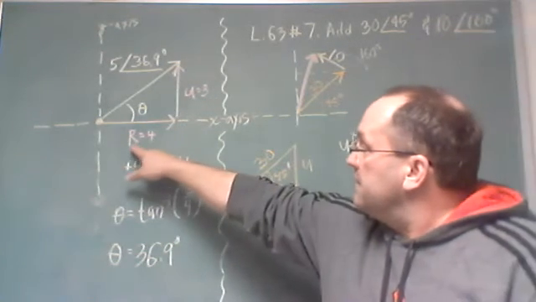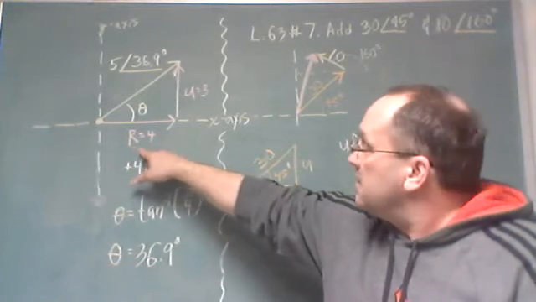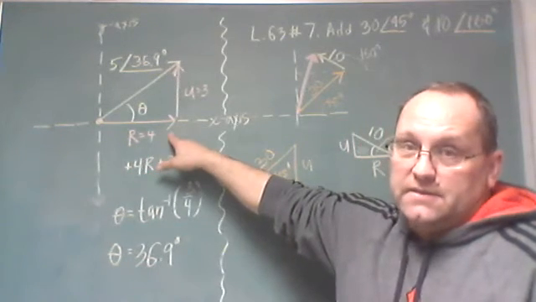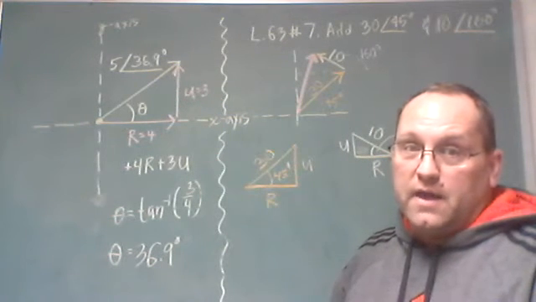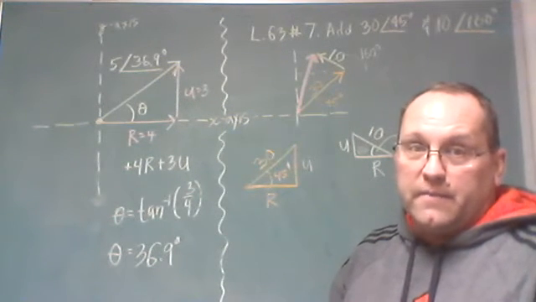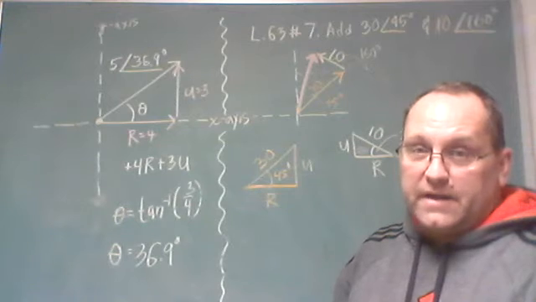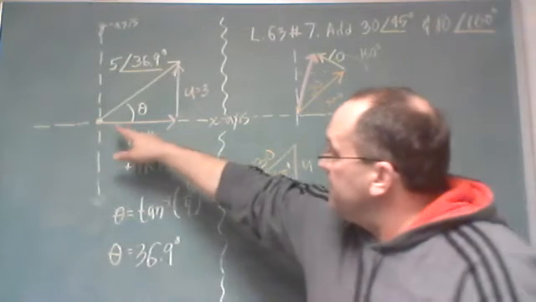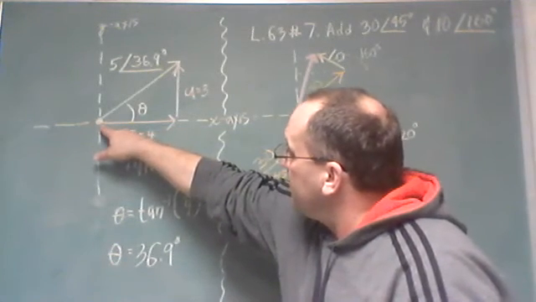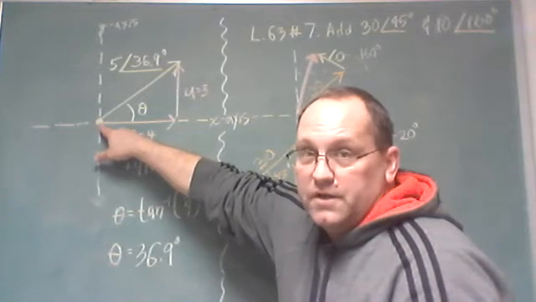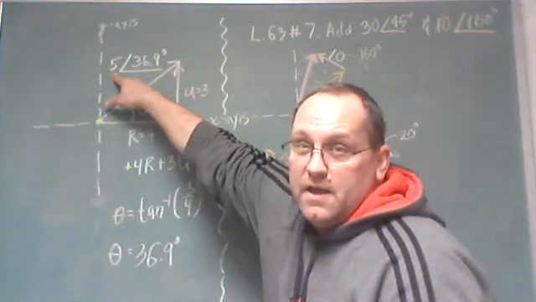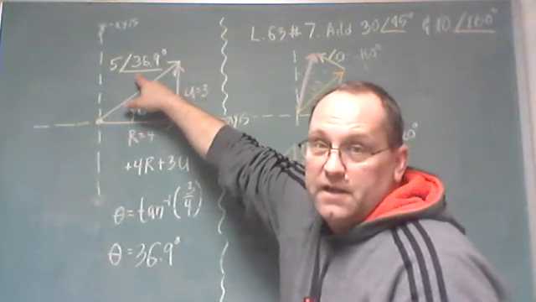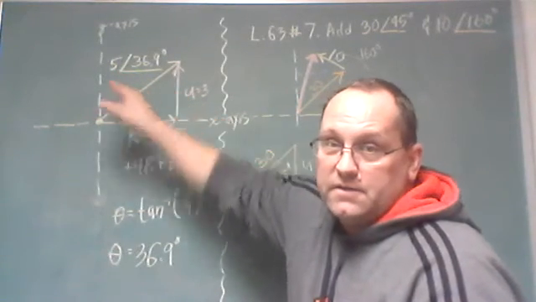In other words, if I walk 4 miles to the east and then 3 miles to the north, what is an expression of where I end up? In other words, from the origin, it would be 5 miles at an angle of 36.9 degrees, okay?